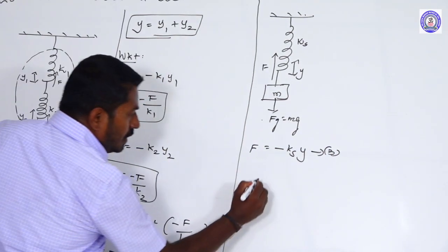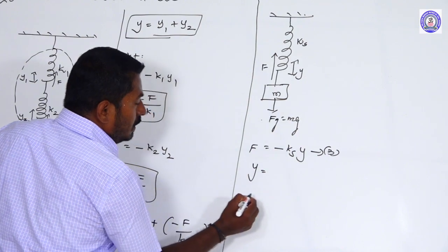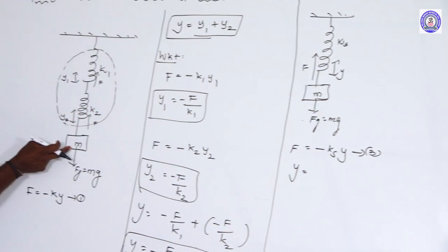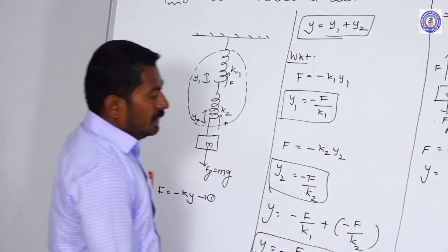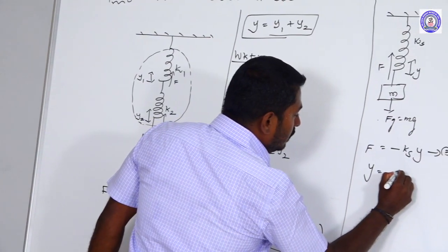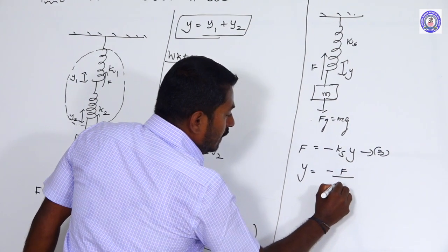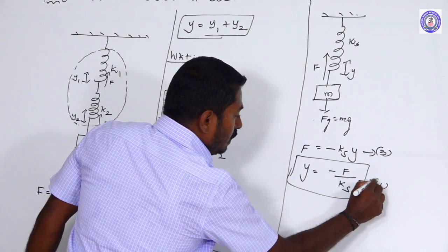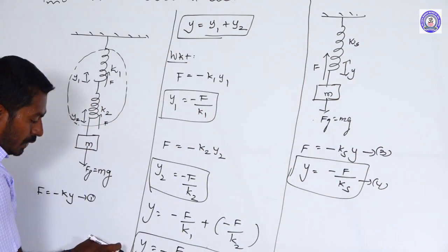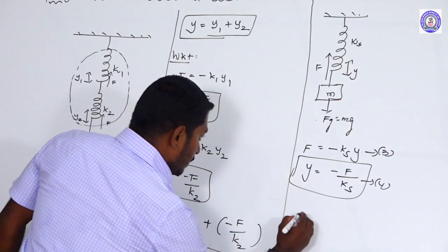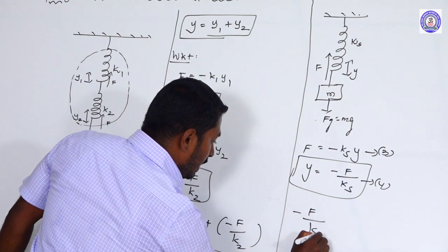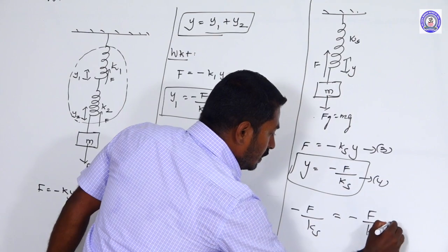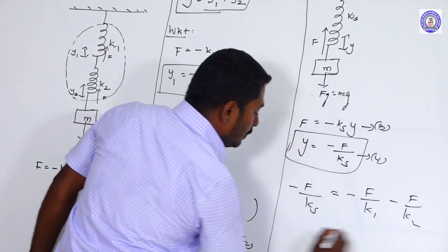From this equation, the total displacement produced by the block of mass m in the downward direction is y equal to minus F divided by Ks, equation number 4. Substituting equation 4 in equation 2, minus F divided by Ks is equal to minus F divided by K1 minus F divided by K2.